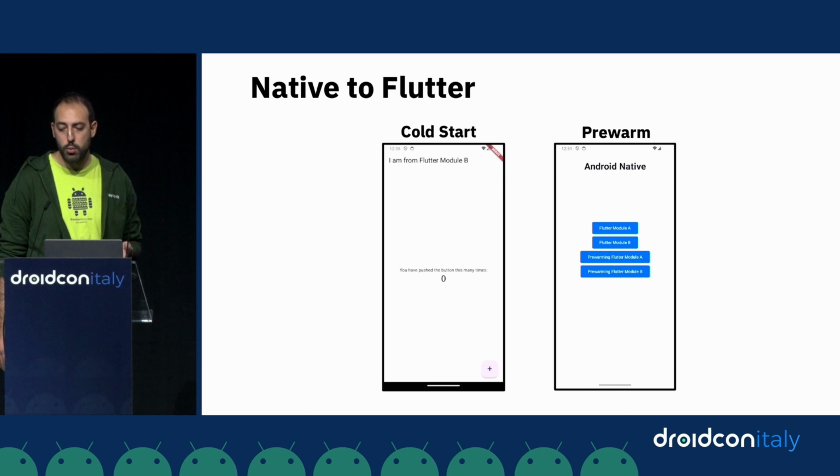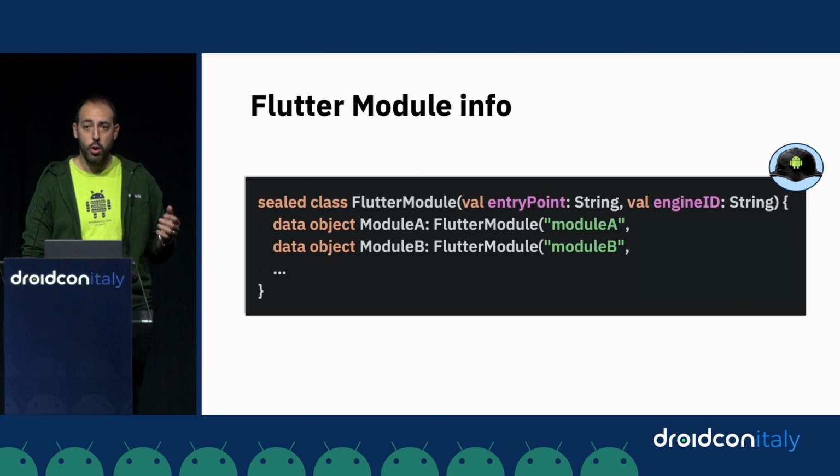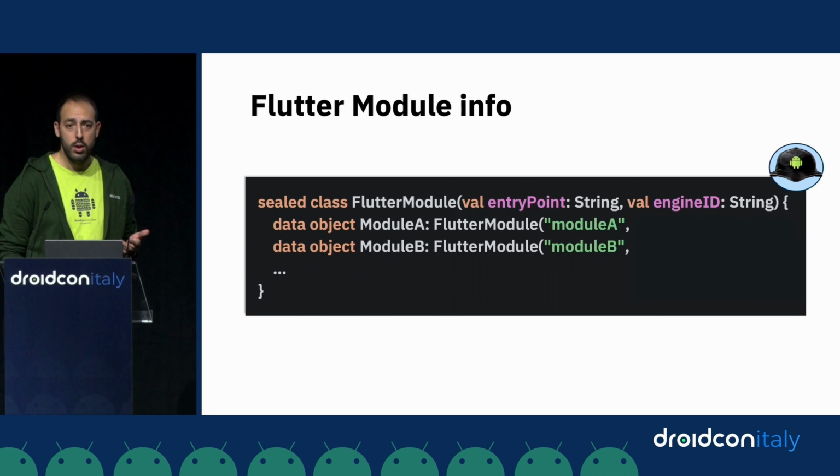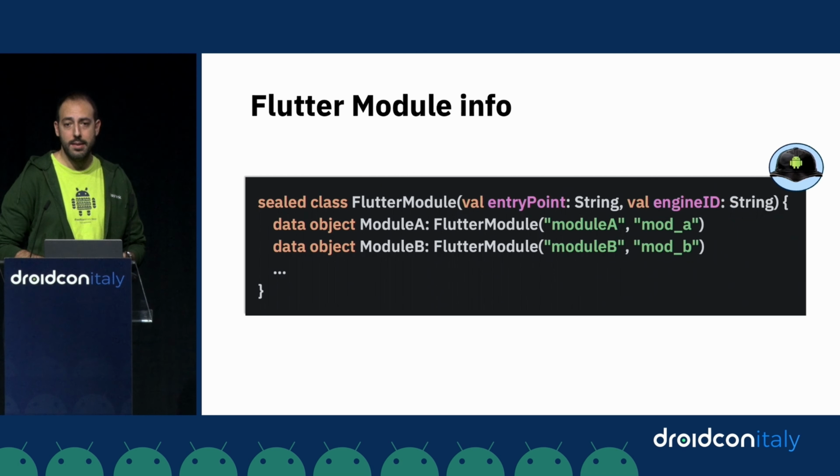In this way, it will be faster. So in our Flutter module info, we can just add some key. So for example, we can add SID, mod_A, and so on. Okay, it's totally arbitrary, it's a string.